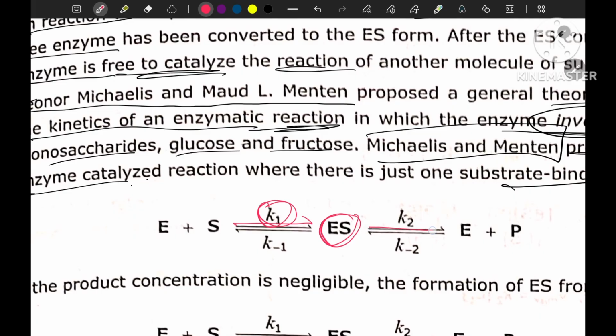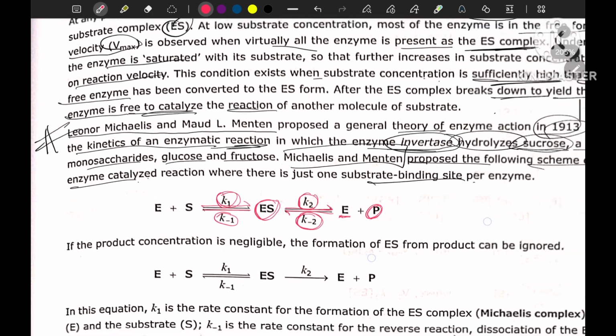Another forward reaction takes place where K2 is the constant, and the enzyme takes its own shape and the product is formed. It is a reversible reaction, so there is also K minus 2. We have K1, so we have K minus 1 reversibles.